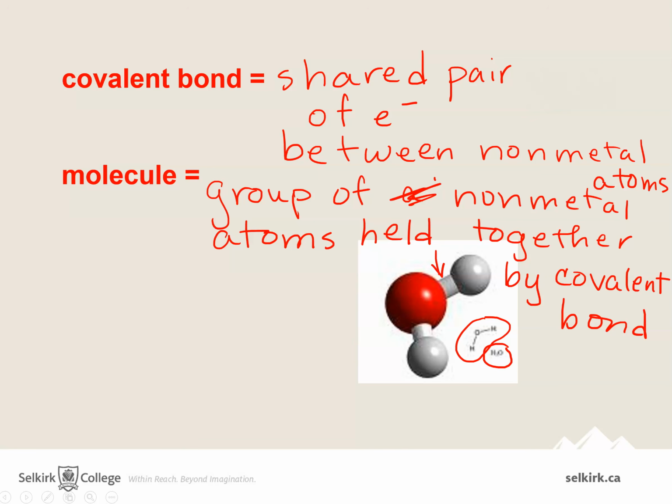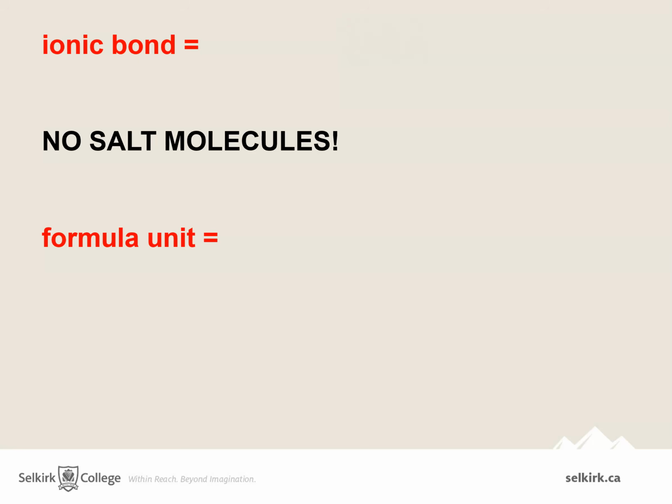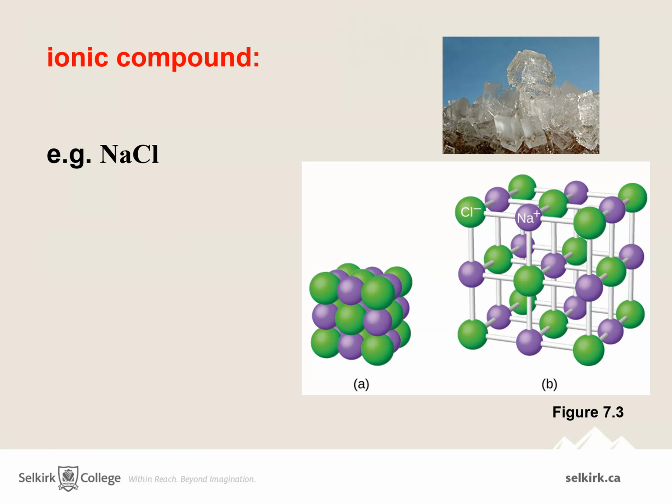In contrast to the covalent compounds made up of molecules, we can look at ionic compounds. And ionic compounds, by definition, are made up of ions, in other words, made up of charged particles.